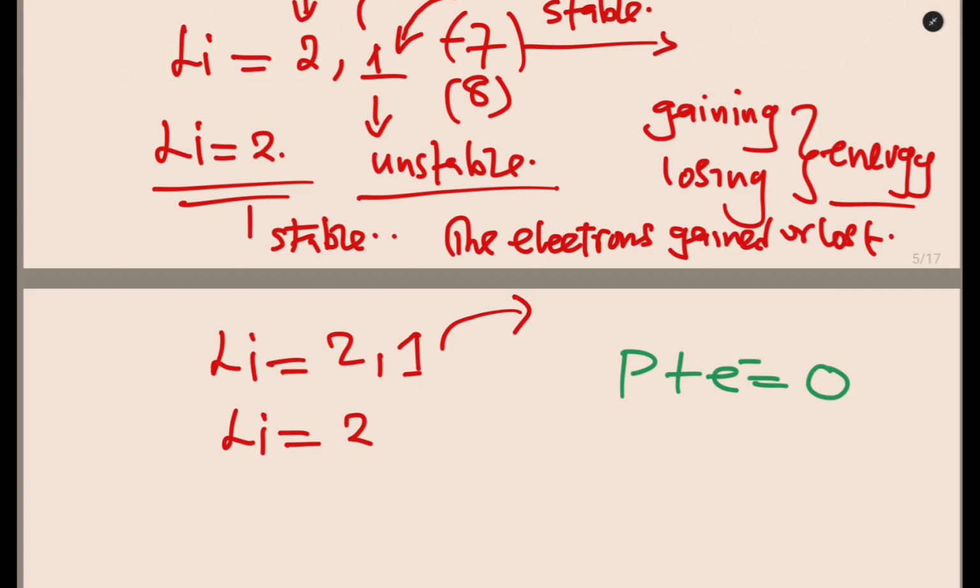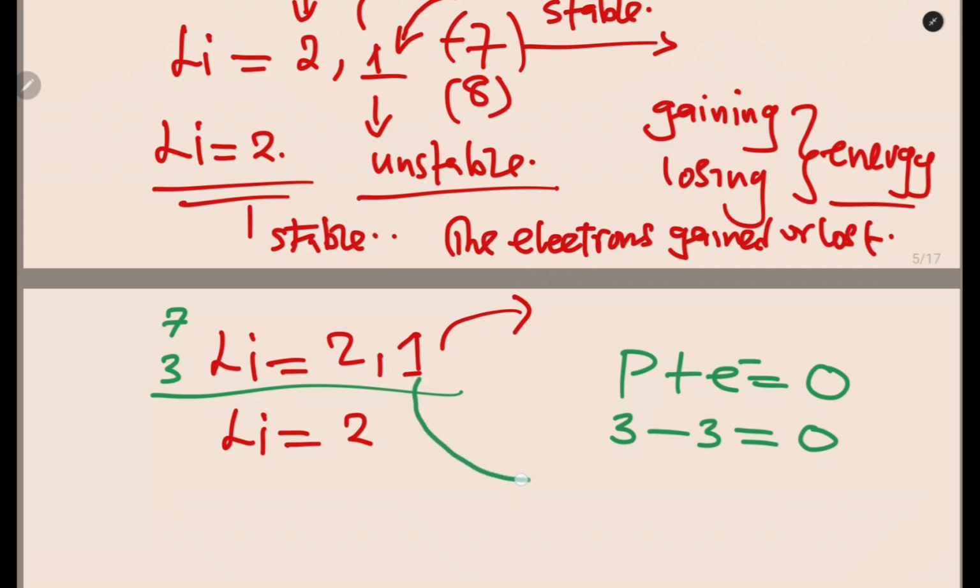So lithium has a mass number of 7, protons of 3. So before any reaction, lithium has 3 protons and 3 electrons. I've put negative for electrons. The overall charge, if you subtract it, gives us what? 0. But what happens when it loses 1 electron?